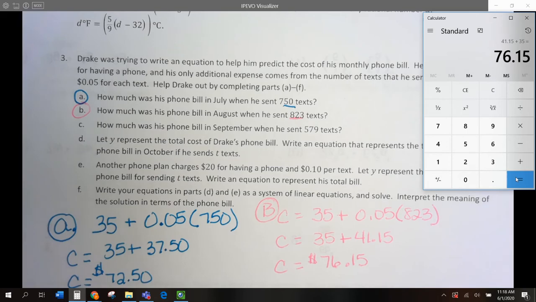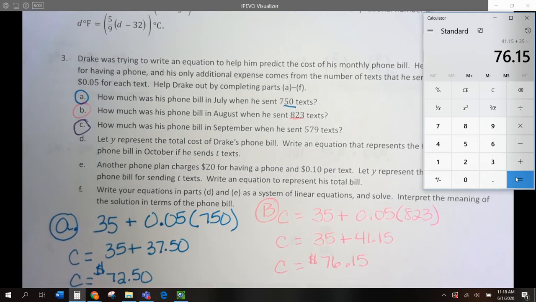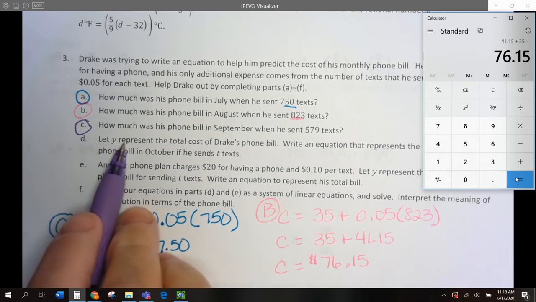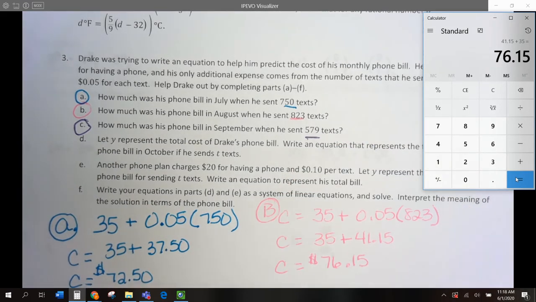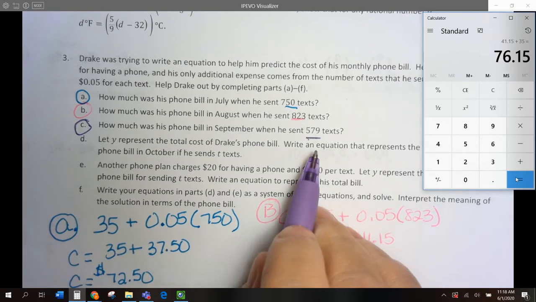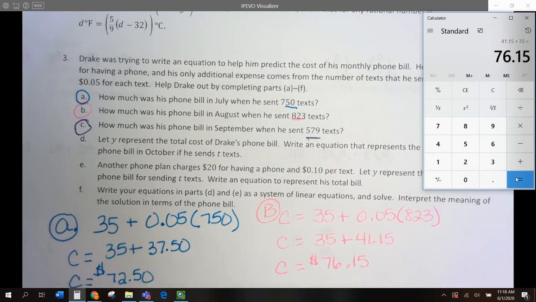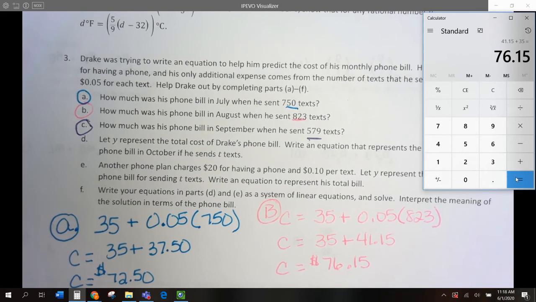Let's look at part C. How much is his phone bill if he sends 579 texts? So once again, his cost is going to be the $35 for having the phone plus 5 cents for each text he sends, and here he sent 579. So his total cost is going to be 35 plus the charges for the text.